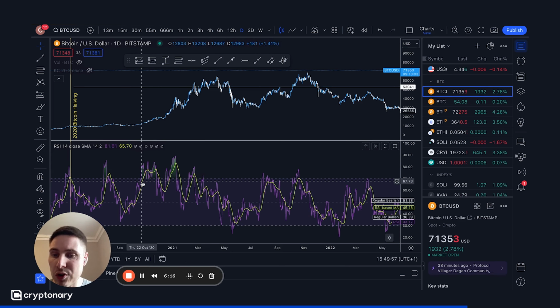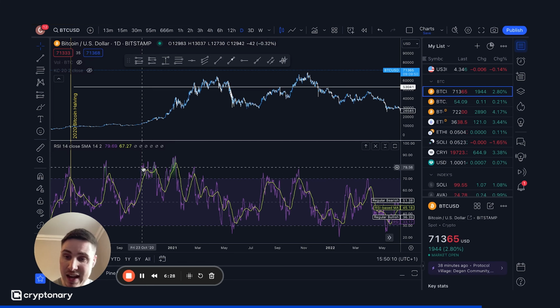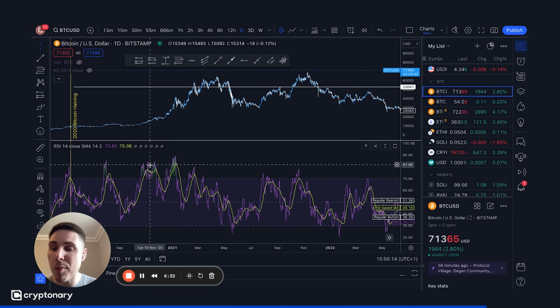So don't think that when you get really overbought that is an immediate sell signal. What you can do is just see price consolidate for a few days, which in turn will reset that indicator down slightly, and then price will make a next high again, and the indicator will pop up again. Price might consolidate, bringing the indicator down, and then price goes up again from there.